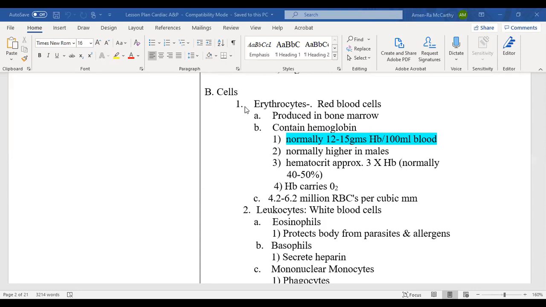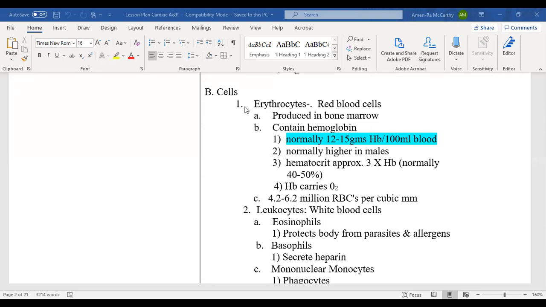Deci means a tenth, per deciliter of blood. What's the normal hemoglobin? 12 to 15 grams per deciliter of blood.